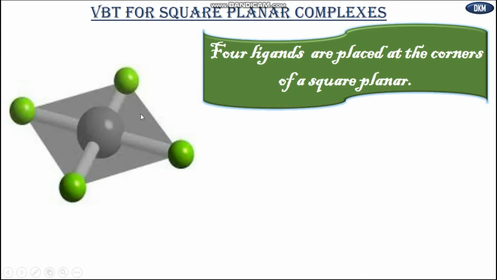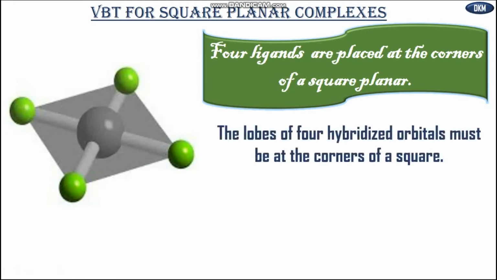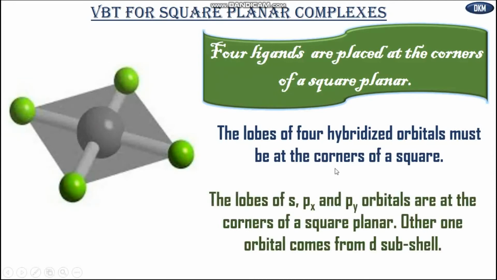So, to form a square planar complex, 4 hybridized orbitals are required and their lobes must be at the corners of a square. You know, lobes of s, px and py orbitals are at the corners of a square. In fact, s orbital is a spherically symmetrical orbital. So, the one other orbital required for hybridization comes from the d shell.